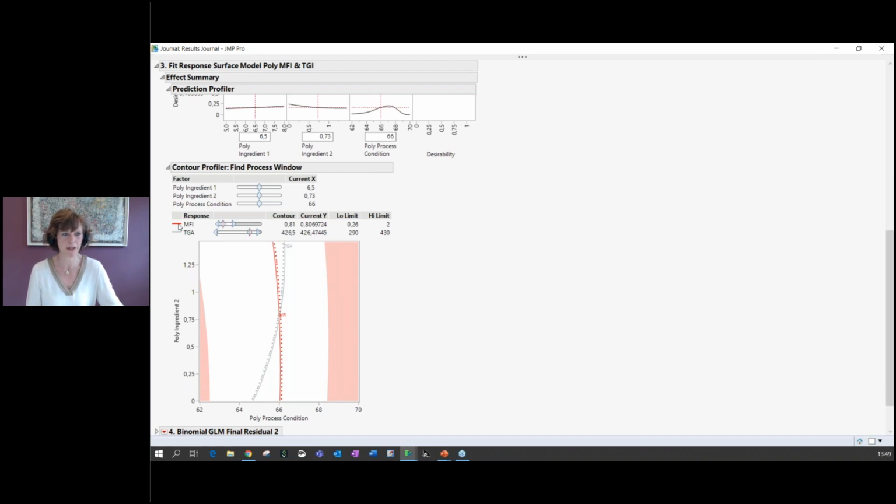I will be out for the MFI. So this is a topographic visualization, a response surface picture of those responses. And for the TGA, there is no gray shaded area. So within whatever I choose here for this process setting and for this ingredient, I will be in spec for this product.